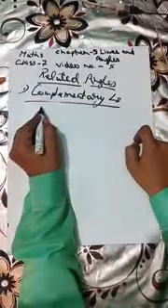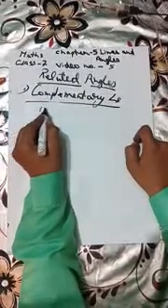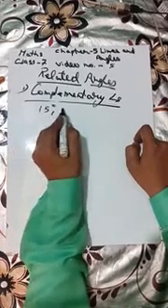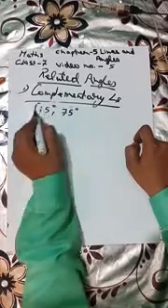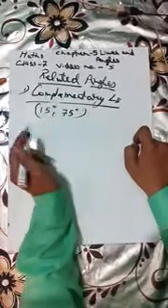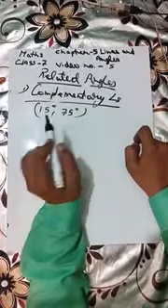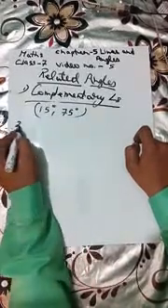Let us take a few more examples. 15 degrees and 75 degrees are complementary angles because when you add them, the sum is 90.